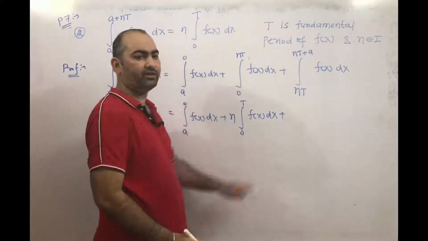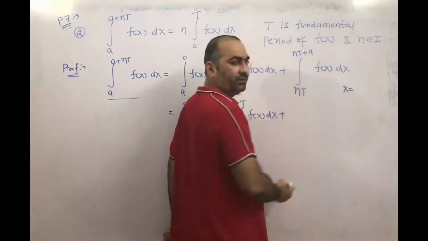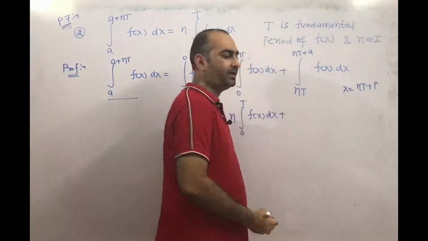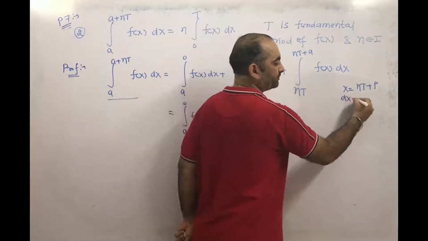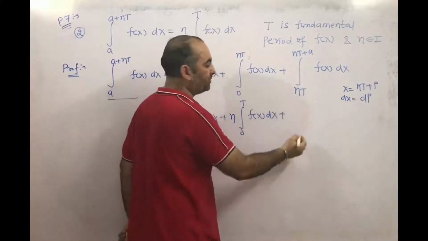Now in the third term, instead of x we put nT plus p, so dx equals dp.